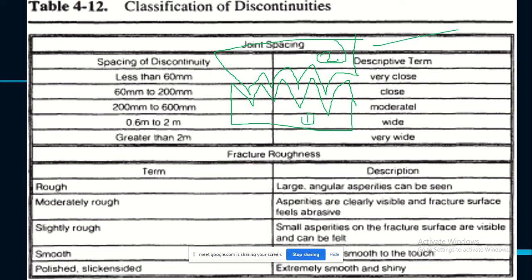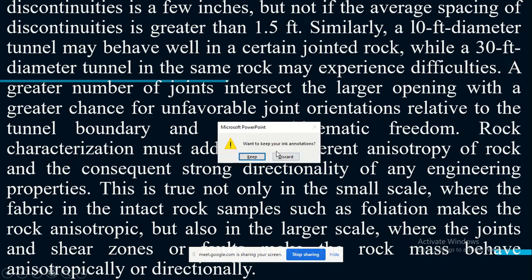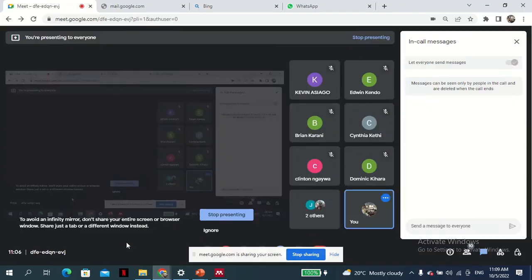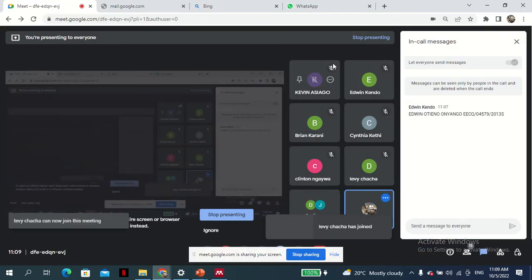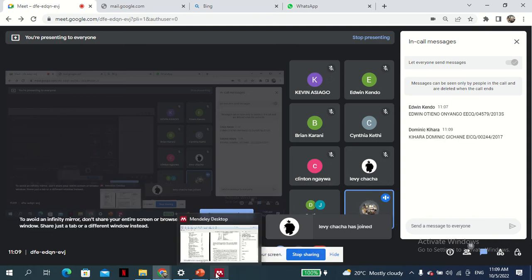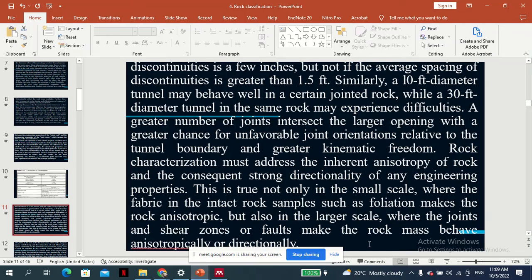If you try to apply a force there and a force there, blocks 1 and 2 behave like a jigsaw puzzle, and there is some interlock, so that it's not easy to move the rock block. In fact, this is why we say that the behavior of rock is more influenced by the joint behavior. So that's the point.